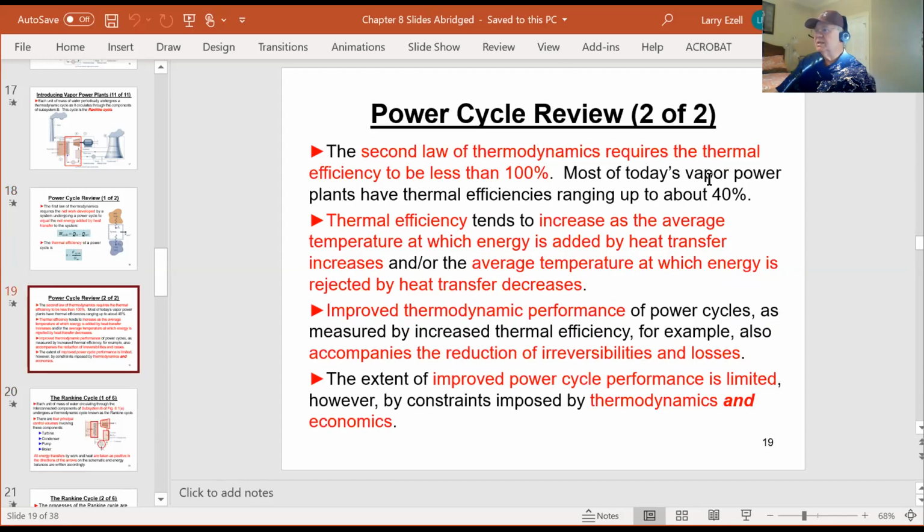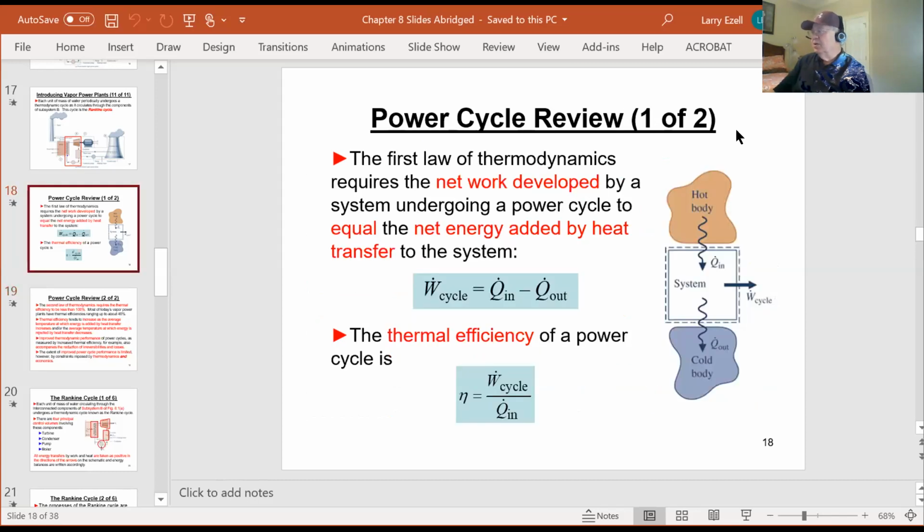Well, what that says is because of the second law of thermodynamics, you're limited by how much this thermal cycle could be. This is TH, this is TC. And as you know, Carnot says that the maximum efficiency of the Carnot cycle is TH minus TC over TH.